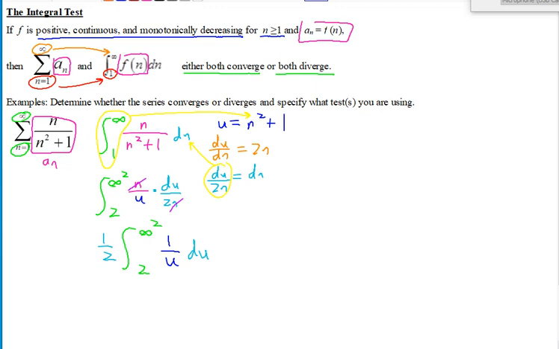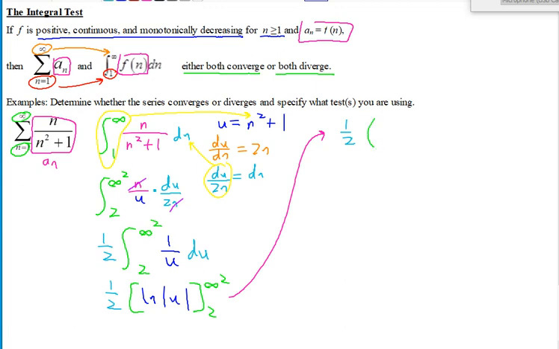And then we can integrate that. So I've got 1/2. When you integrate 1 over u, sorry about the bell there, we get natural log absolute value of u, evaluated from 2 to infinity squared. So 1/2.